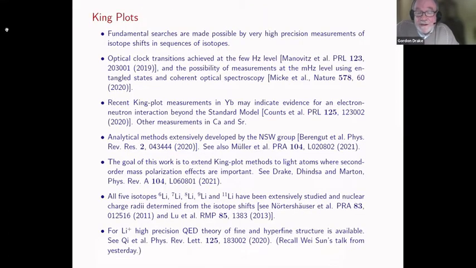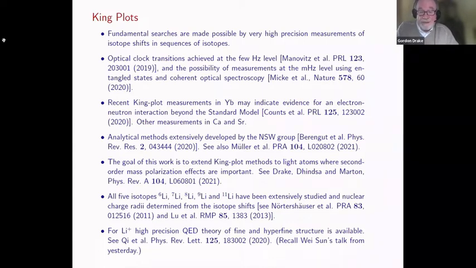King plots, fundamental precisions are made possible by very high precision measurements of isotope shifts. Optical clock transitions are now at the few hertz level, and there's even talk of millihertz measurements by use of coherent optical spectroscopy. So there's the potential in the future for very accurate isotope shift measurements.